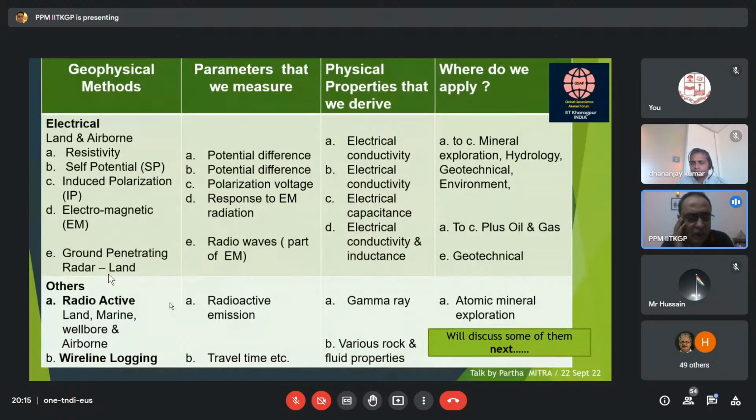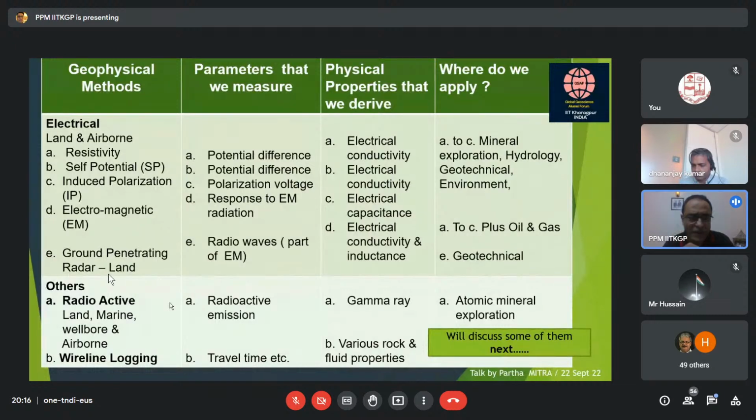Now, the radiometric or gamma ray spectrometry method estimates the concentration of these radio elements which might be present, say, 10 meters, 50 meters, or even 100 meters below the Earth's surface.